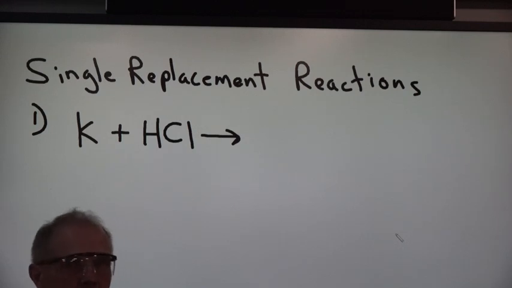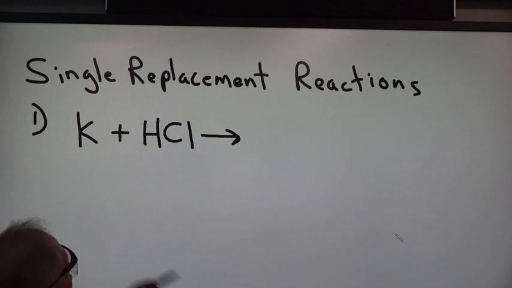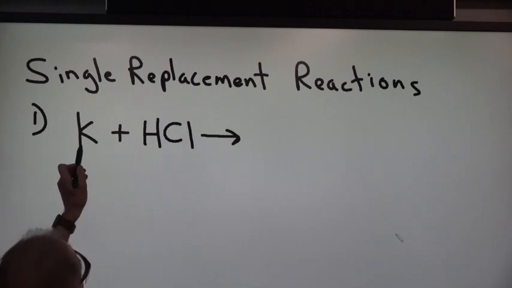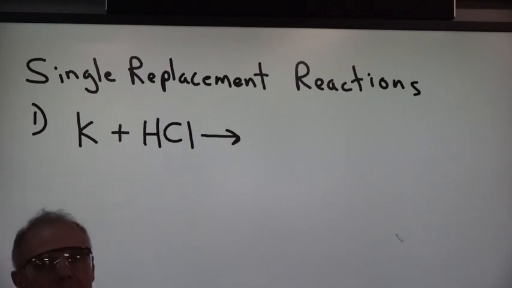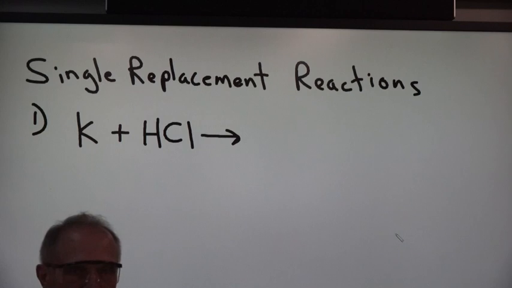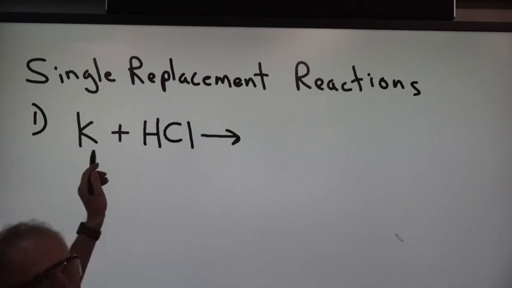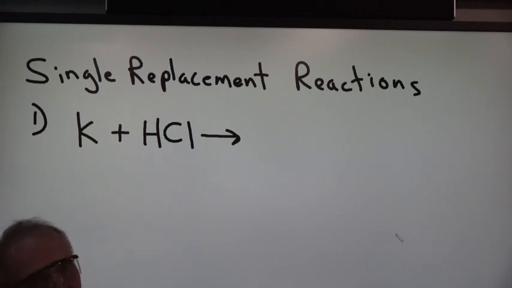So watch how we do this. This is a single replacement reaction. So what's going to happen is the K is going to replace the H. And don't forget, any metal above H2, when you put it in an acid, will react to form hydrogen gas. So this is way up above H2. So watch what happens here.